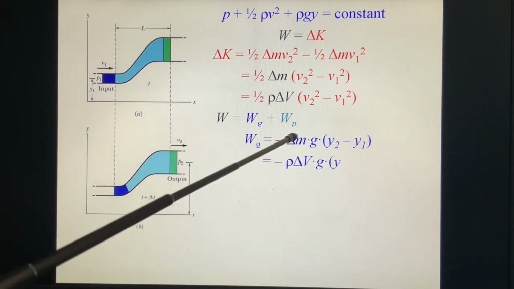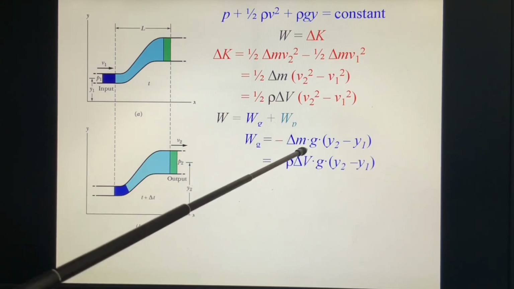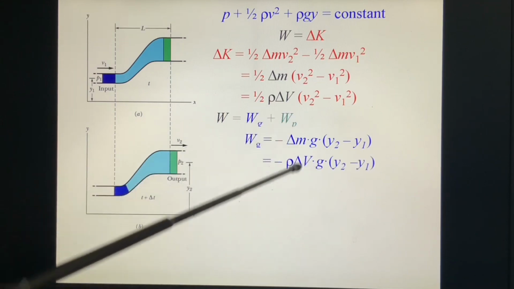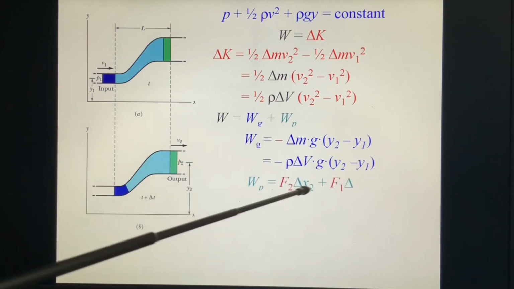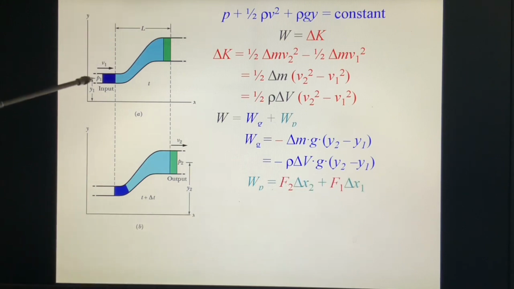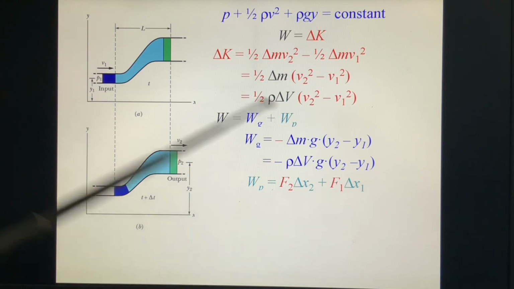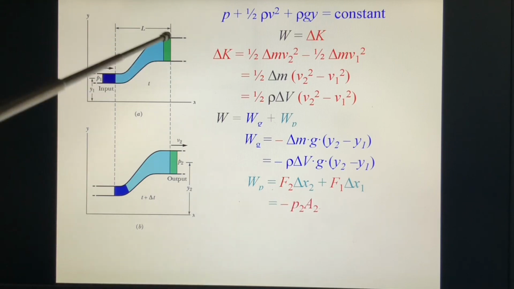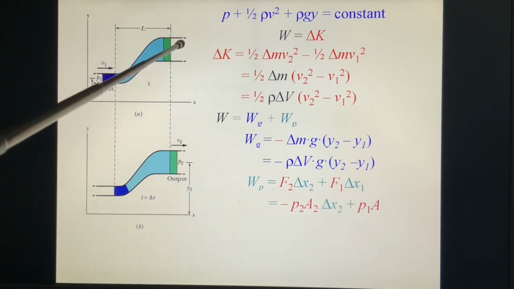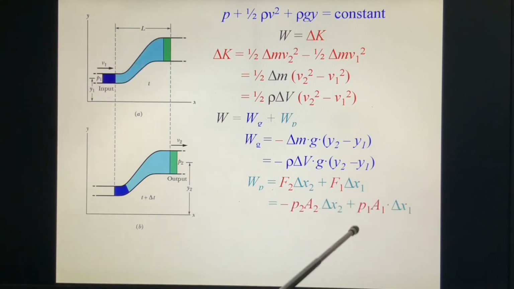Okay, this delta M is rho delta V, and W by the pressure is F2 delta x2 plus F1 delta x1. This is positive, this is negative because the forces go this way. So we get minus P2 A2 delta x2 plus P1 A1 delta x1.